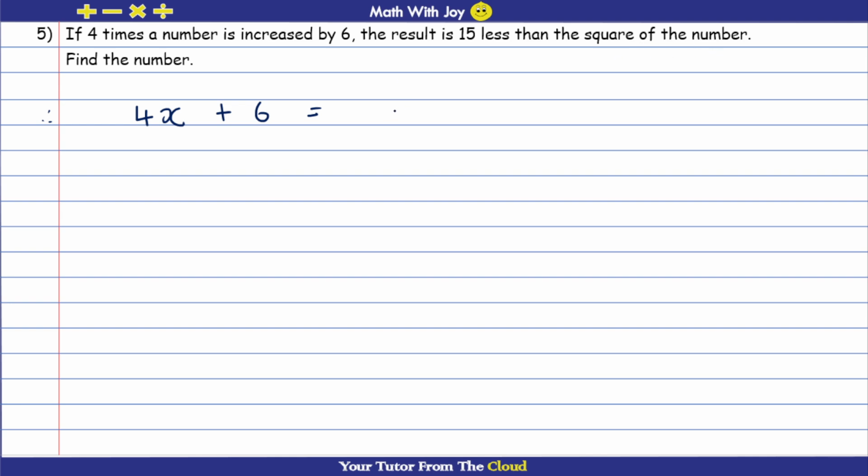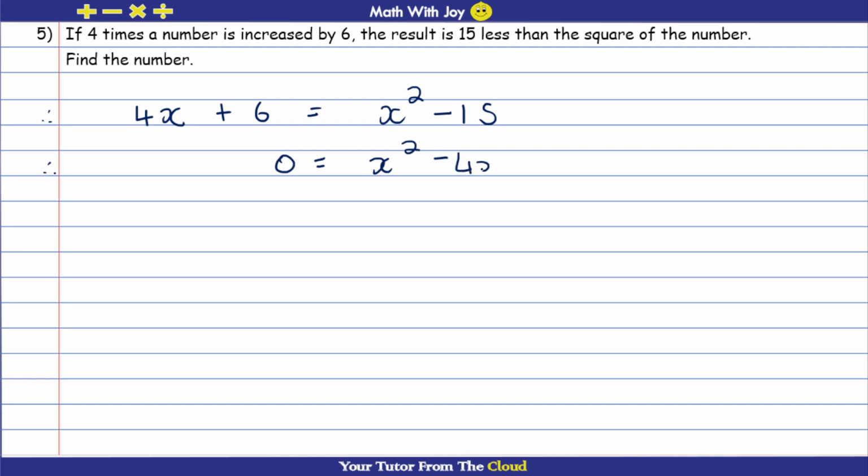So the square of the number will be x squared, and then 15 less will be minus 15. We have to find the number. So here we have a quadratic equation. Take all these terms to the right hand side. We know how to solve a quadratic equation.